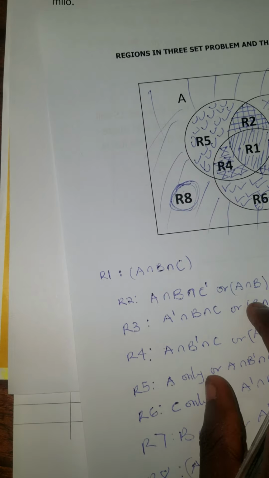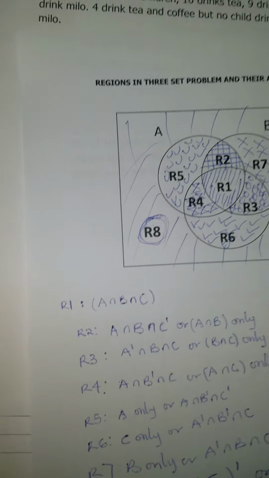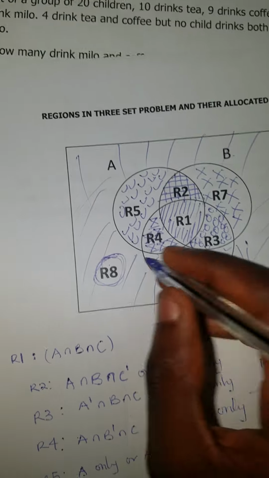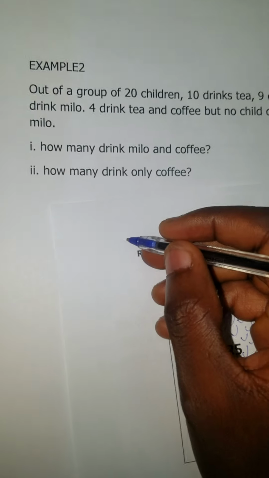Now this formula can also be written in another form. There is another way to write the De Morgan's formula.